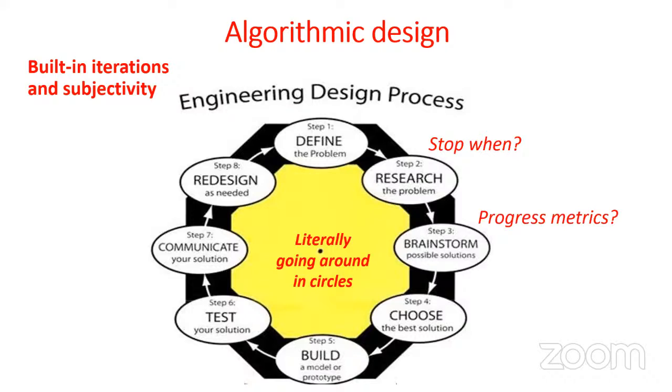When do you stop? How do we see if we're making progress? What's the selection criteria? How do I represent the solution? Do I just communicate the solution? Do I just hand somebody the CAD file and go, here you go, I'm done? So is redesigning avoidable?